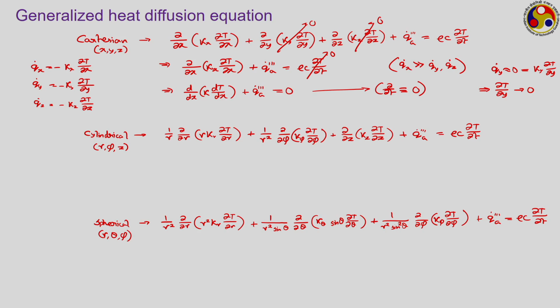Like if we are talking about a system having length Lx in the x direction, Ly in the y direction and Lz in the z direction, and suppose Ly and Lz both are very large compared to Lx, then we can virtually write that any ∂/∂y quantity and ∂/∂z quantity will be extremely small compared to any gradient in the x direction, because of the difference in the length scale.